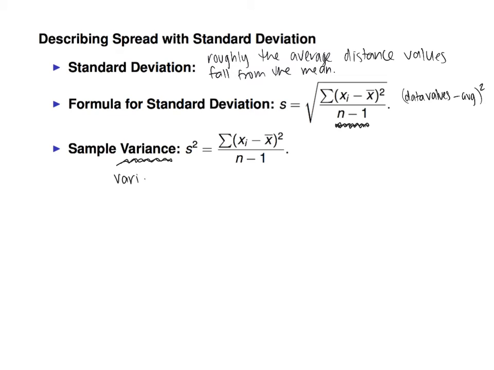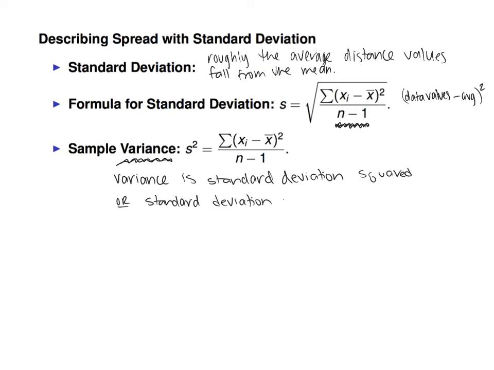So variance is standard deviation squared. Or you could say that standard deviation is the square root of the variance. So that is the relationship.